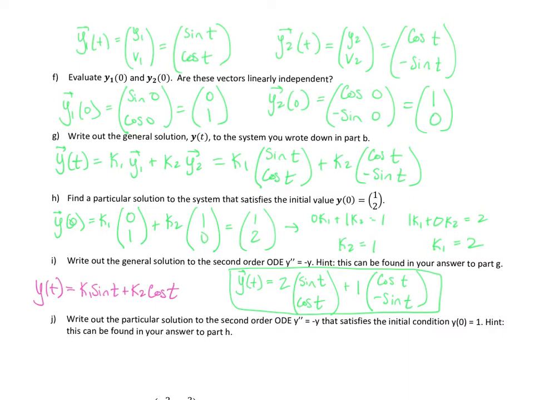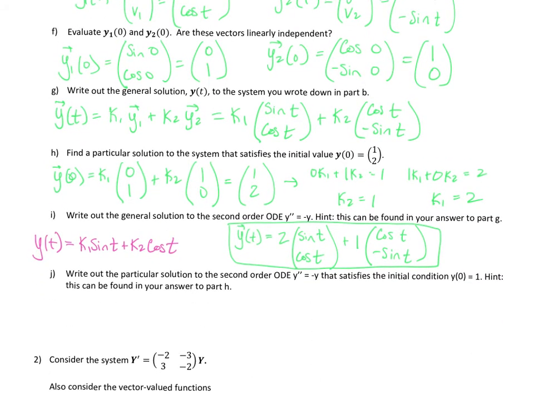Write out the particular solution to the second order ODE, y double prime equals negative y, that satisfies the initial condition y of 0 equals 1. Hint, this can be found in your answer to part H. So I only want the y, right? I already have a particular solution that satisfies y of 0 equals 1, because this is y and v of 0. y of 0 is 1, v of 0 is 2.